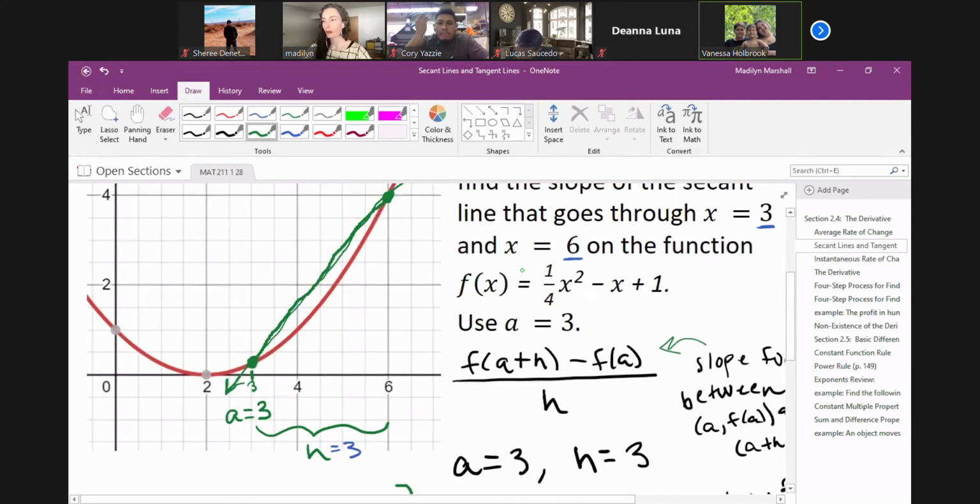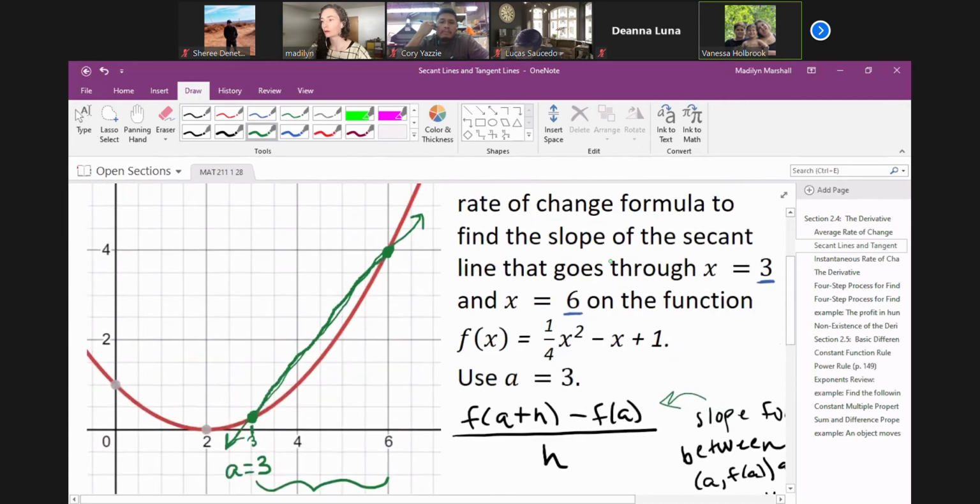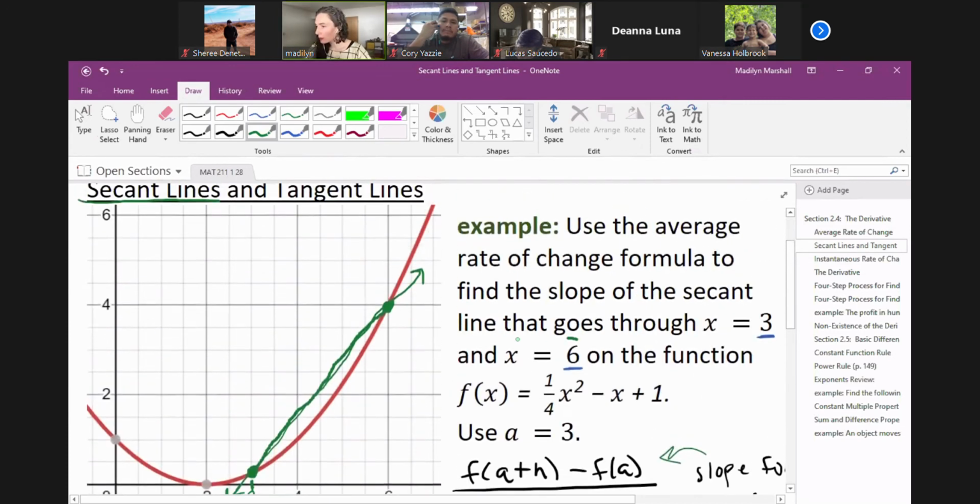Because 6 comes from where? Oh, the 6 came from the problem. Oh, okay, I got you. Perfect. Yeah, so we were given those two x values, and so the h just comes from the distance between them. Gotcha.